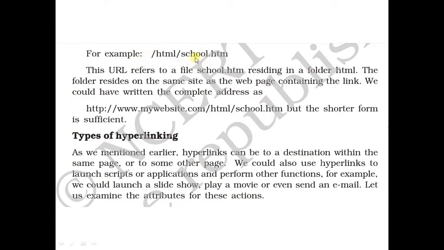So this is a relative URL. The URL refers to a file school.htm residing in a folder HTML. The folder resides on the same site as the web page containing the link. We could have written the complete address like this: http://www.mywebsite.com/html/school.htm, but the shorter form is sufficient. So this is all about URL.